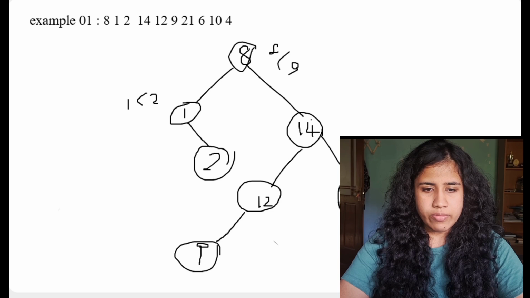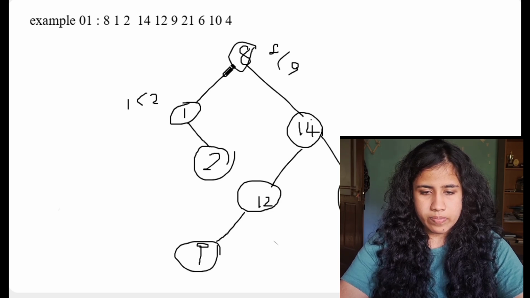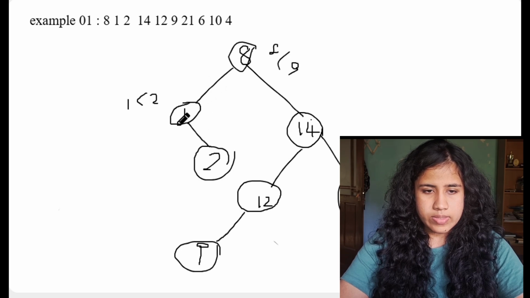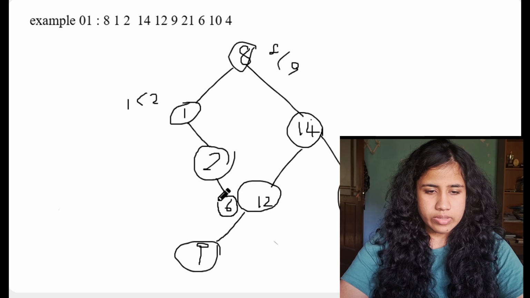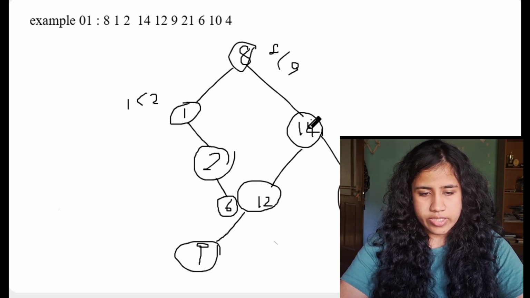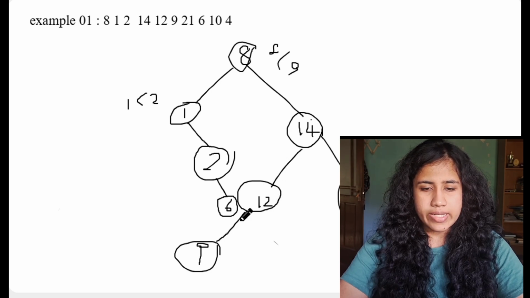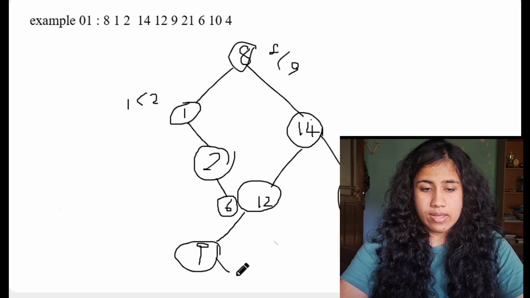And here 21, six, less than 8, greater than 1, greater than 2, then it goes to here as a right child of 2. Then we have 10, greater than 8, less than 14, less than 12.